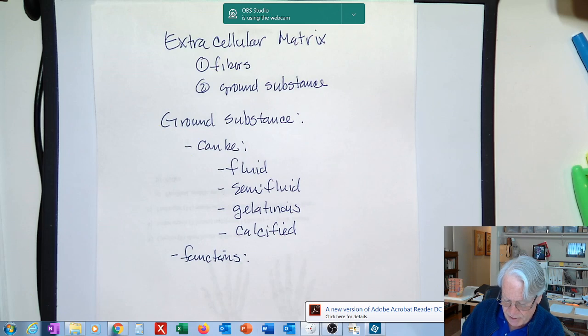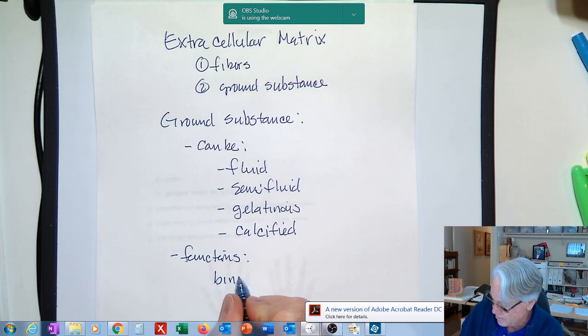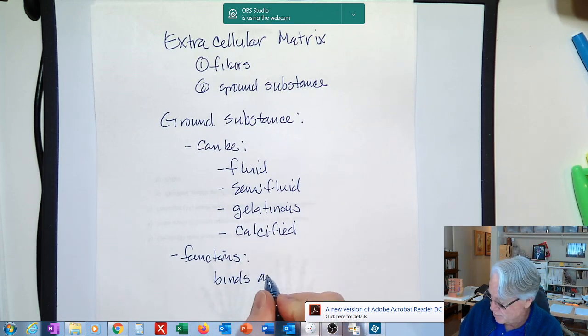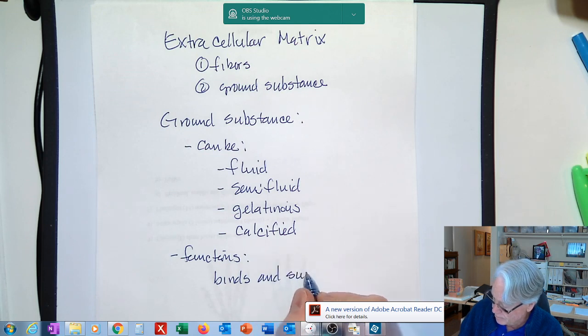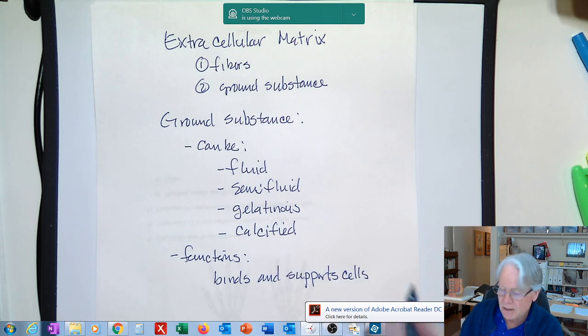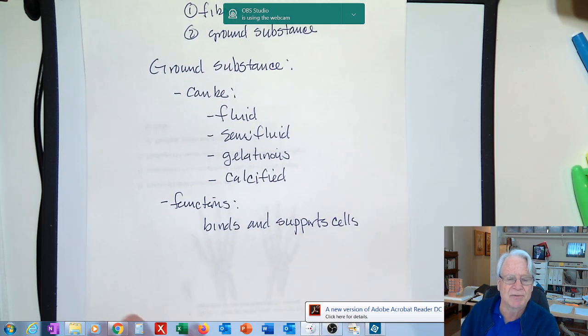The functions of the ground substance are that it binds and supports cells. It binds and supports the cells that are found within the connective tissue.